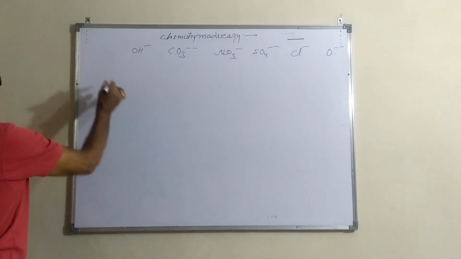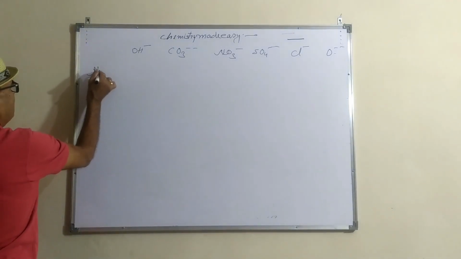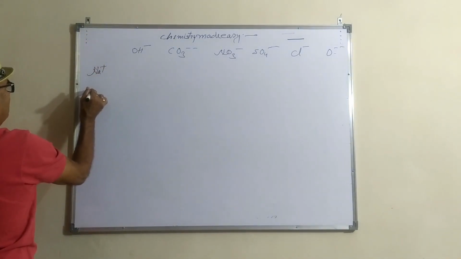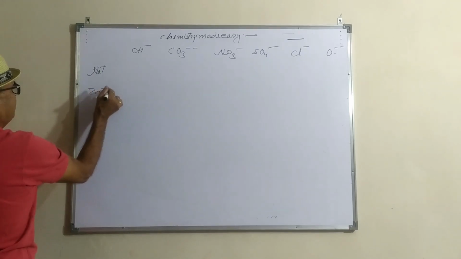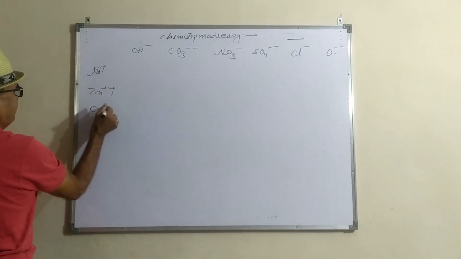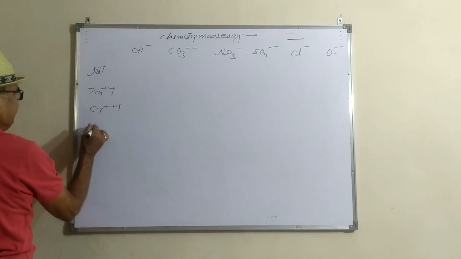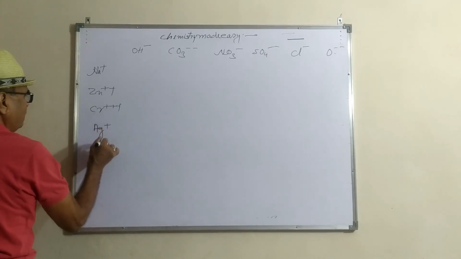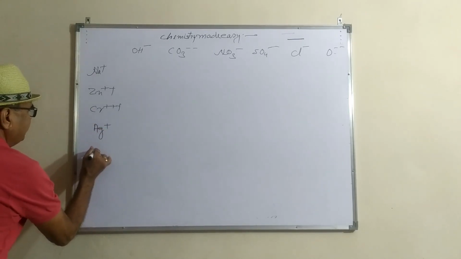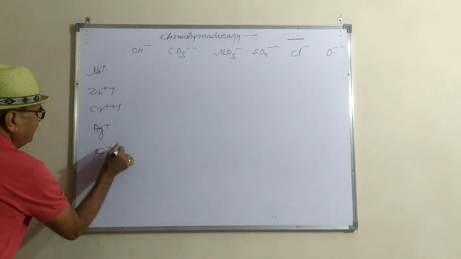Here you can take sodium positive, zinc double positive Zn, Cr triple positive, and here you can take Ag silver positive, or then take Fe triple positive.